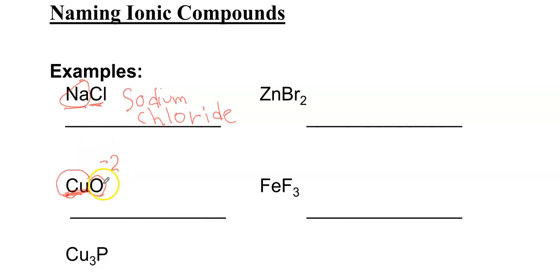So I know for sure that if this were to crisscross, that -2 would have gone over here. But since there is no subscript over here, that means the copper must be a +2 charge, which would crisscross and then reduce down to the formula that we see. So this is going to be copper 2 oxide.